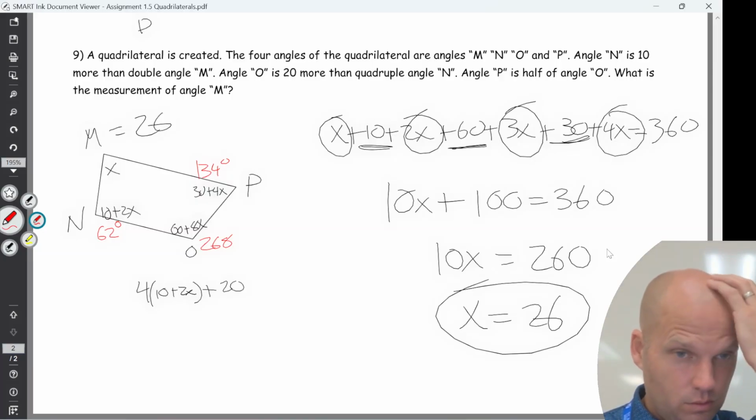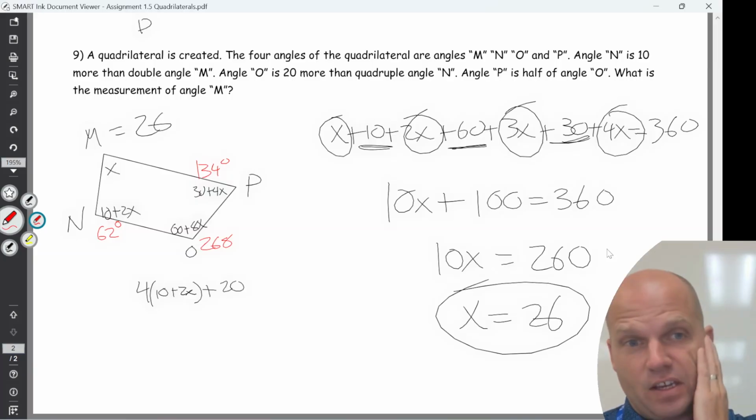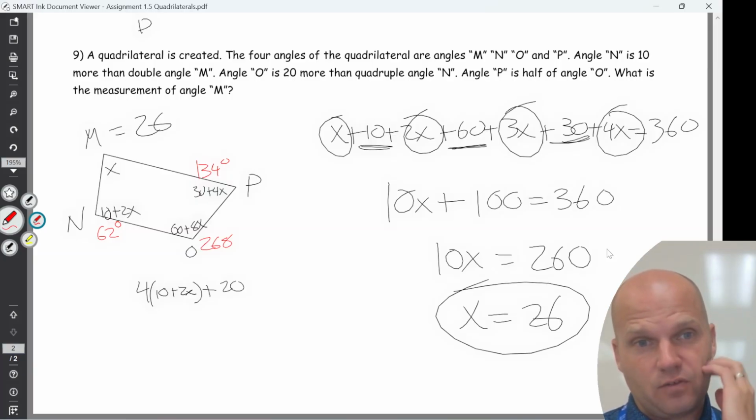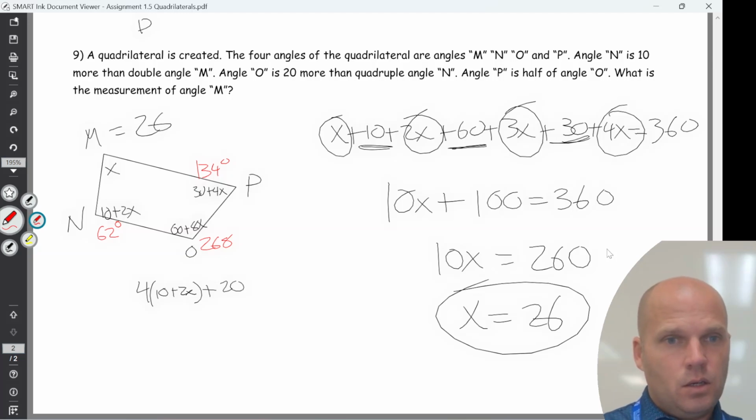Okay, so 60 plus 8x. Angle P is half angle O, so that's got to be 30 plus 4x. So x, 10 plus 2x, 60 plus 8x.